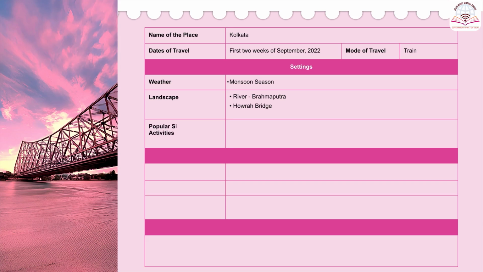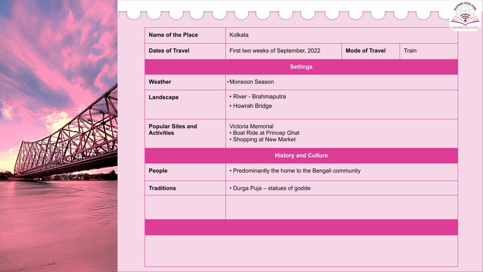Then if we talk about popular sites and activities, we can talk about Victoria Memorial, and the activities could be a boat ride on the river or shopping at the New Market. The people of the place are predominantly the Bengali community, and traditions are Durga Puja, statues of goddess being made by local sculptors.